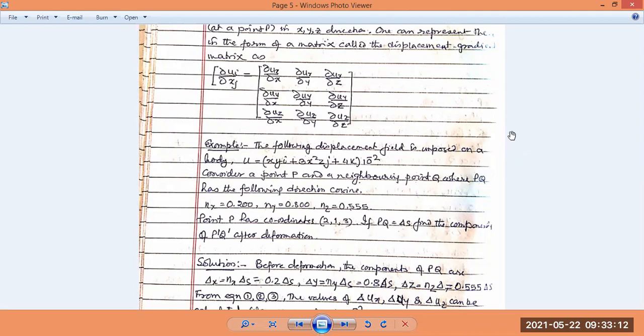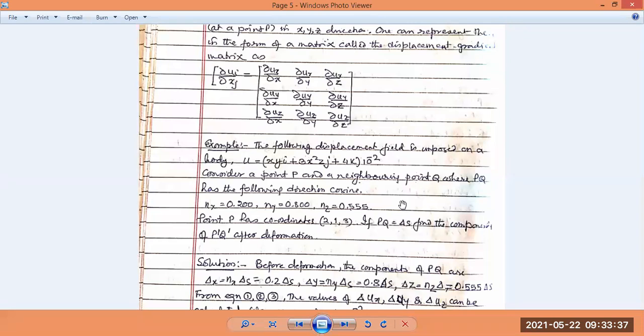So the displacement field or displacement vector is given here, where, if you want to know the displacement of each point, you have to put in the respective coordinates. Next, nx, ny, nz are the direction cosines of PQ, not P'Q'.